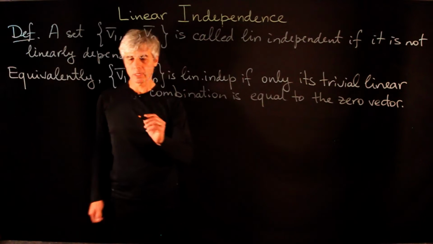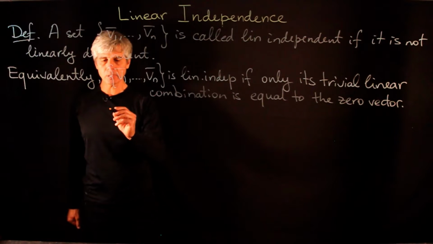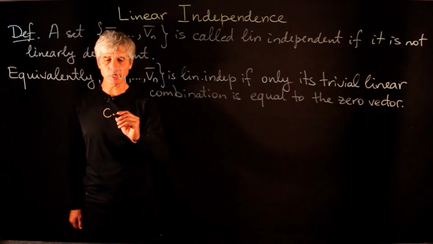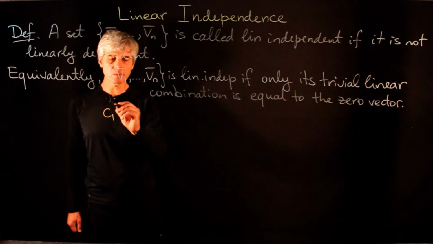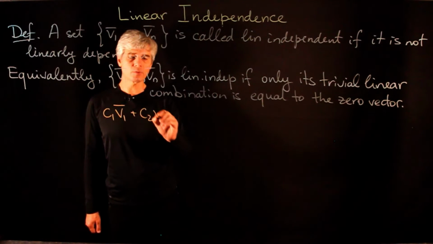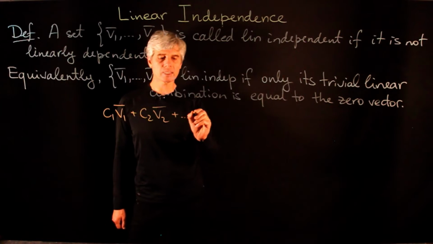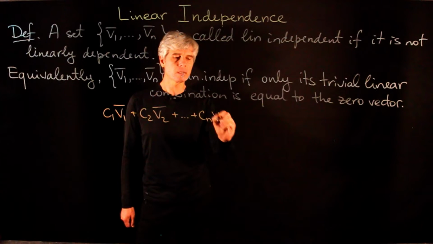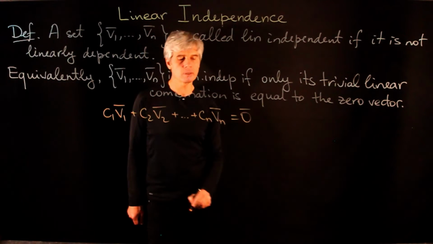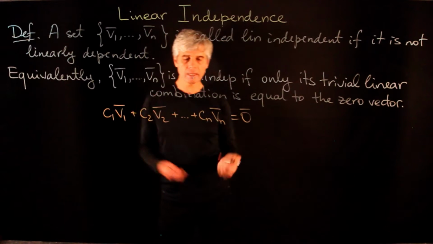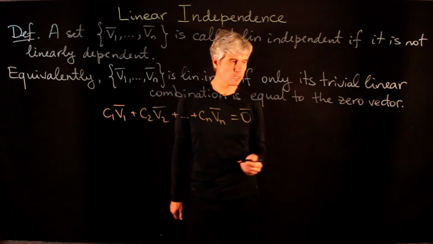What is it about? Well, linear independence is about the following vector equation. We're looking at c1 v1 plus c2 v2 plus cn vn being equal to a zero vector. So we treat this as a vector equation.